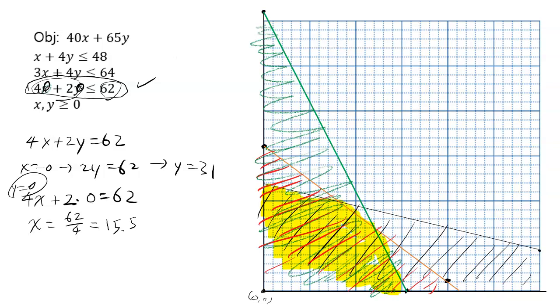My pen is not exact, so it's a little misleading. Hopefully you don't misstate what I'm saying. So it's really this point here, and this one, and this one. This is the feasible region. And that's it. That's how you draw the graph.